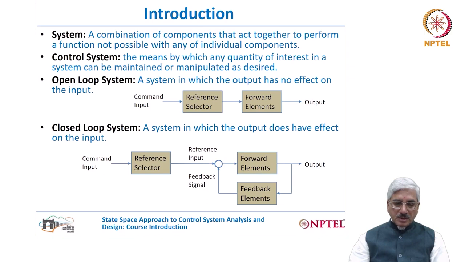It looks as shown in this block diagram. There is a command input which goes to a reference selector, and the reference selector produces an output which acts as an input to the system, which is composed of forward elements, and these forward elements act so as to produce the desired output.